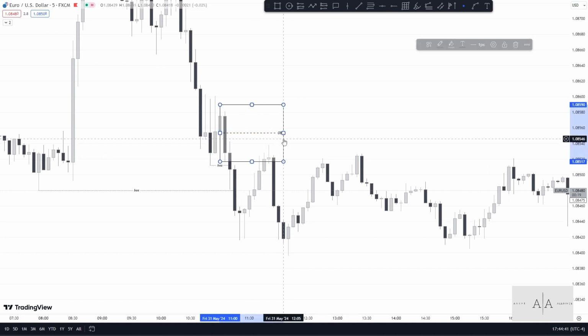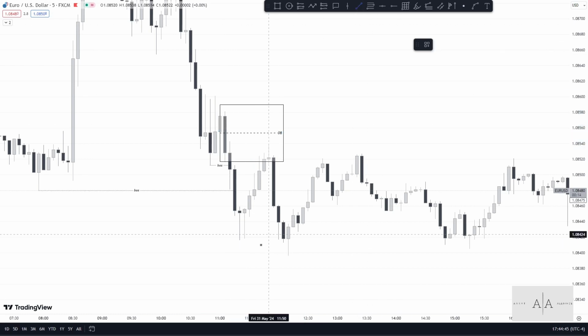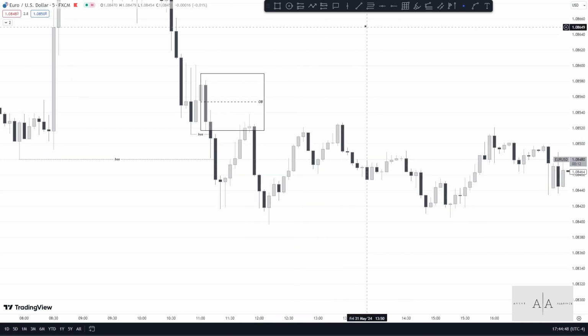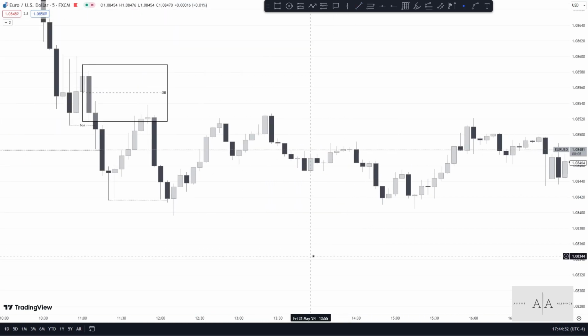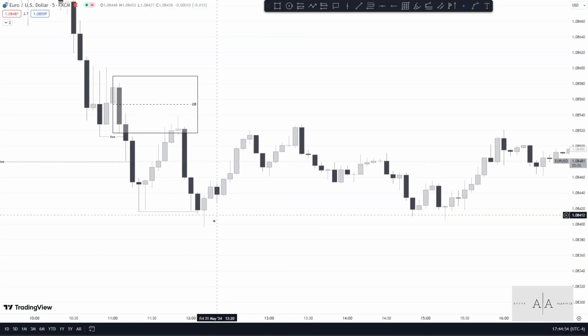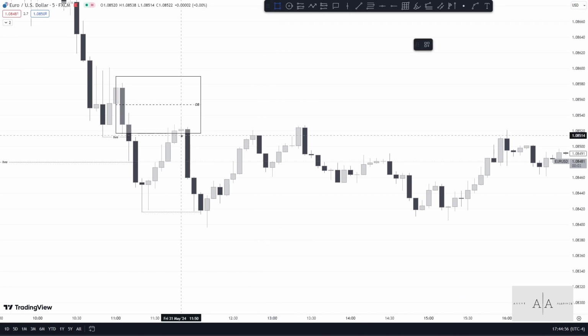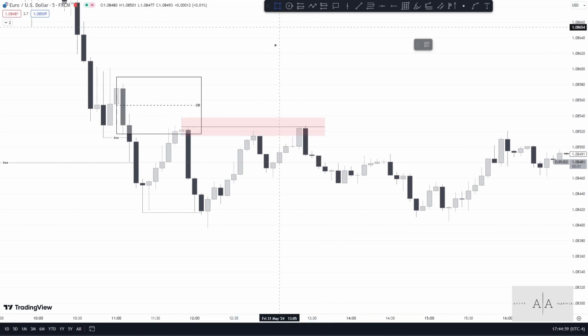So this order block got respected, went down, created another break of structure. No break of structure. That was a liquidity grab, okay? Liquidity grab. So now we're looking bullish. Here was another order block still, because we had this fair value gap in.